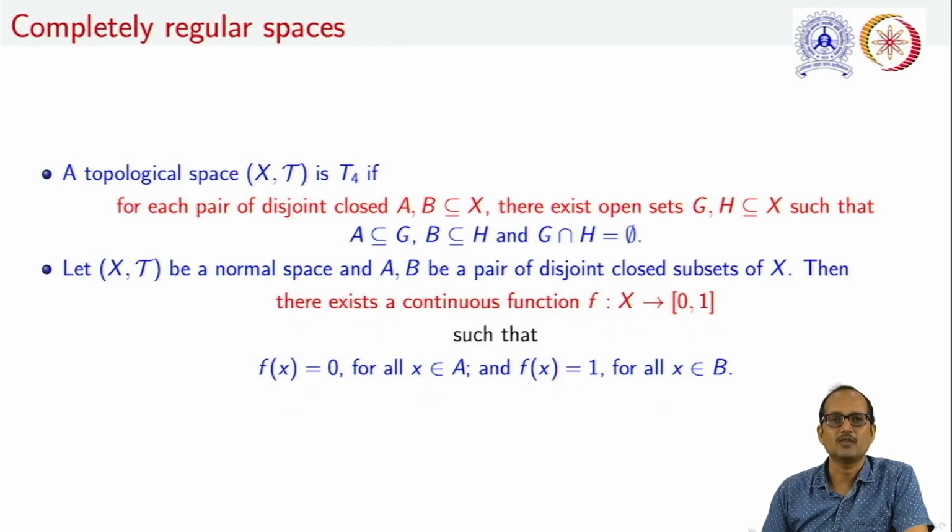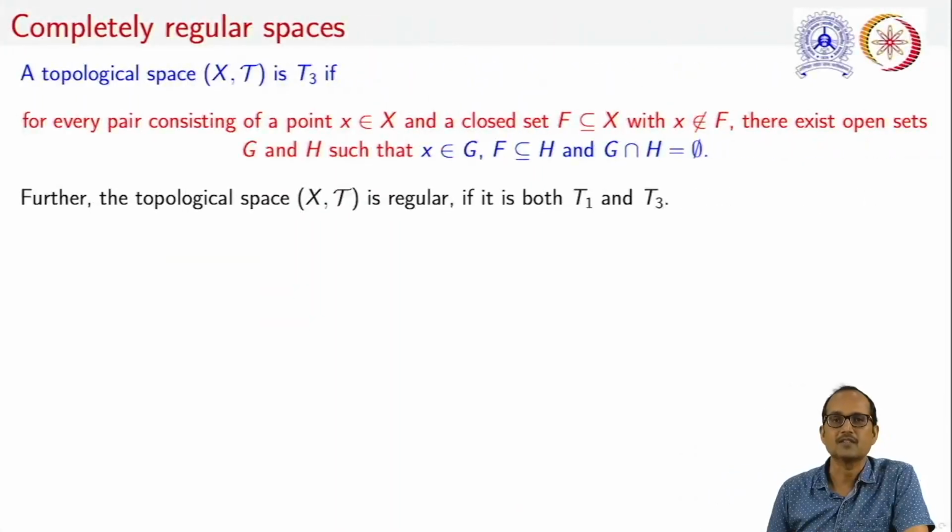Before studying normal spaces, we also studied regular spaces. We say that a topological space (X, tau) is regular if it is both T1 as well as T3. What concept of T3 have we studied?